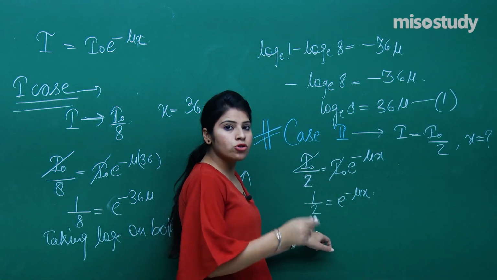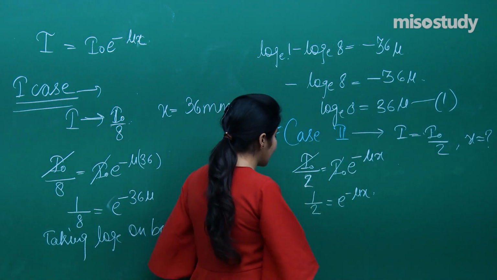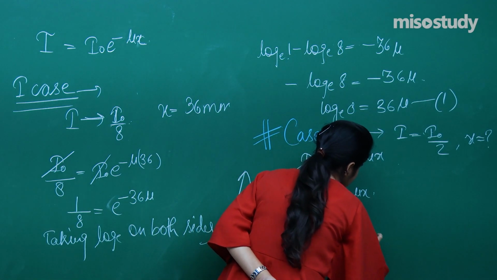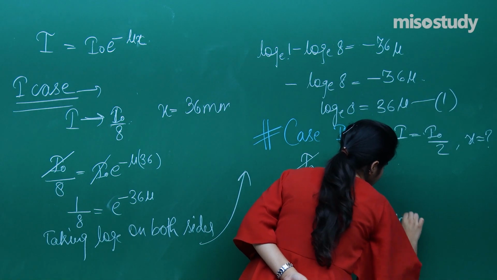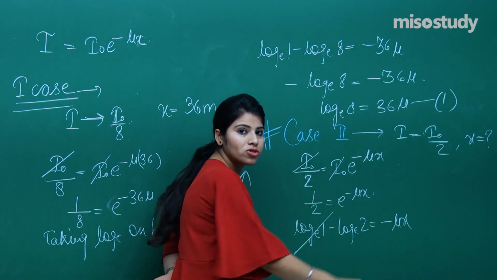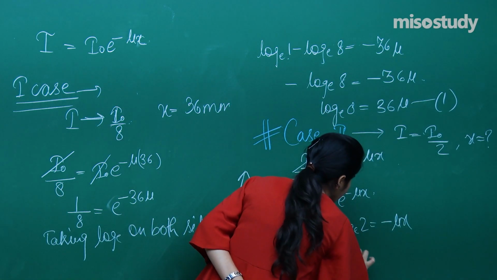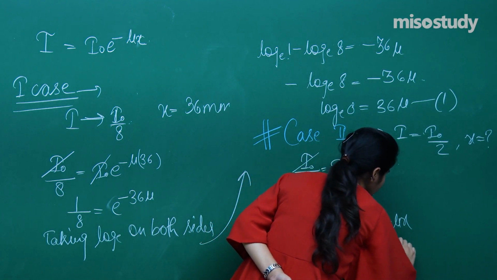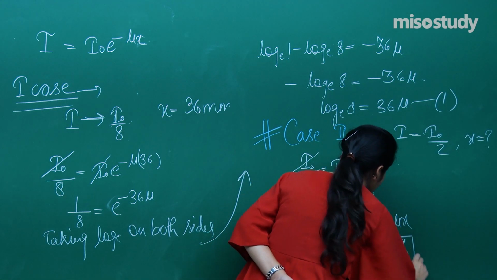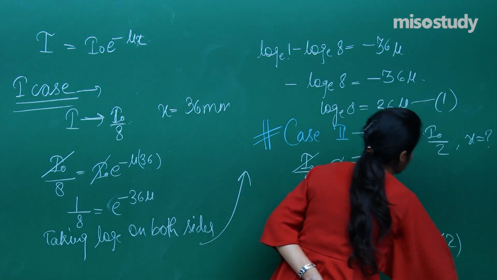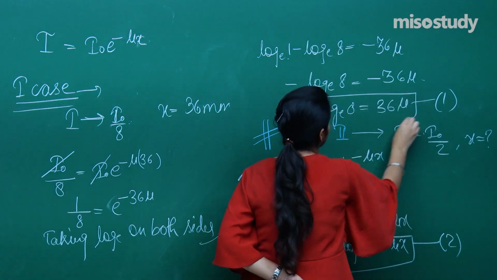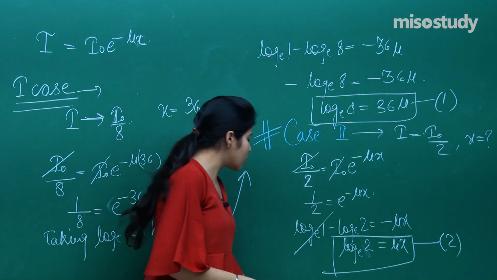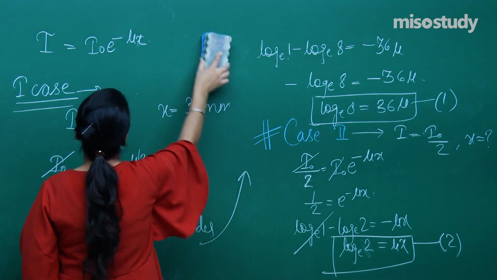Now you are going to take log on both sides again, just as we did in the first one. So this term will become 0. You are now left with log e base 2 equals mu x. Consider this as your equation number 2 and this was your equation number 1. Now if you solve it, you can easily find out the value of x.